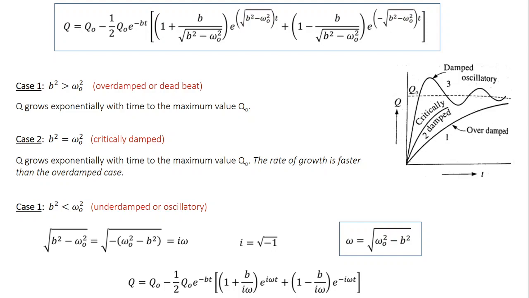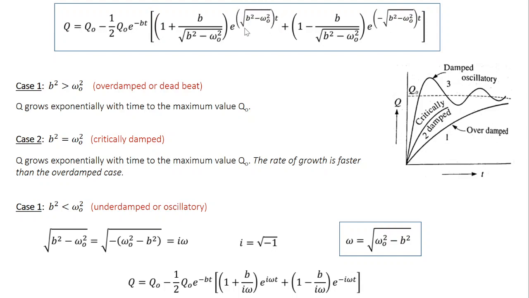Now what happens here? How does the charge vary in this condition? We need to find out the endpoints first. So what is the first point? t equal to 0. When you substitute t equal to 0 in this equation, you have e to the power 0 being 1, so minus half q naught.